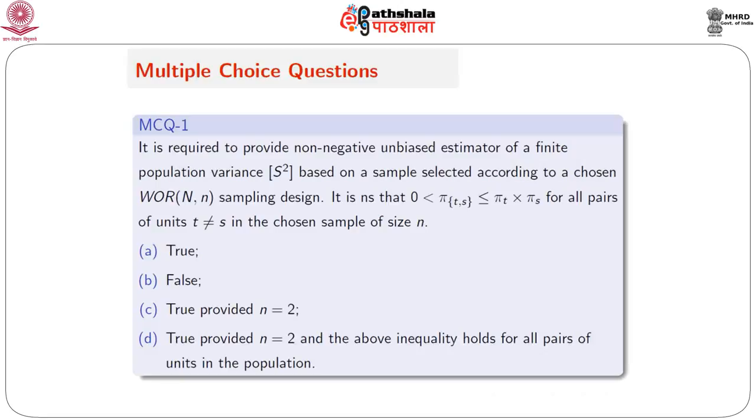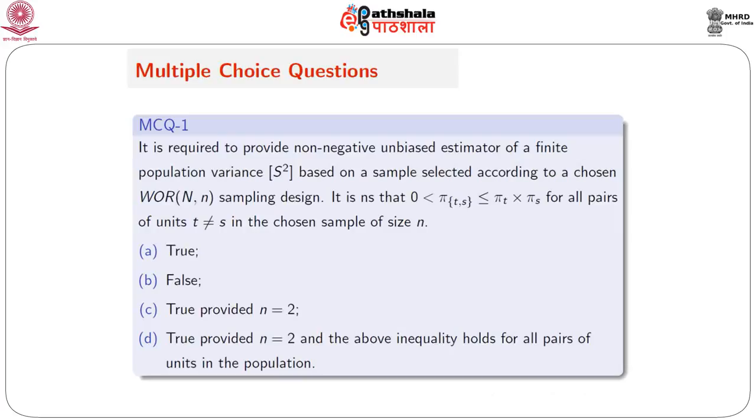So you have to be a bit careful in reading the question. So the first part is okay. You are required to provide a non-negative unbiased estimate of the population variance. The moment it says population variance, you know the necessary and sufficient condition is pi ij strictly positive for all i and j. That means pi ts is strictly positive for all t and s. You don't need to relate it to pi t times pi s. No, that's not needed.